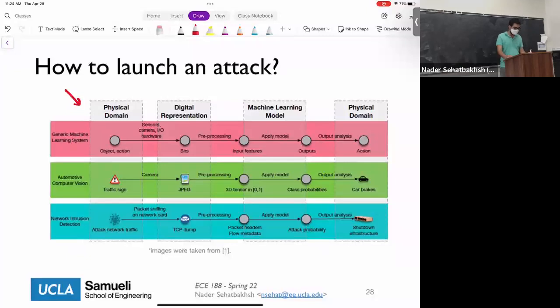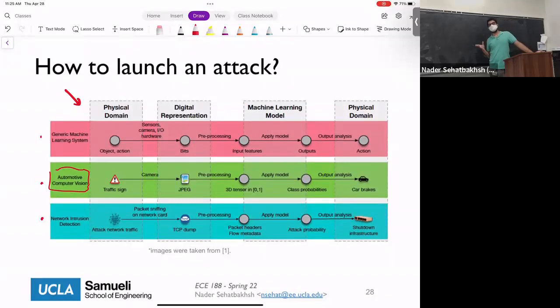What I'm showing here are two different examples. One example is the automotive computer vision example, where you have an autonomous car that has a camera and uses a machine learning system to detect traffic signs. And the second one is something like a network malware detector. Remember we said that a malware detector can use a model to predict whether something is malicious or not.